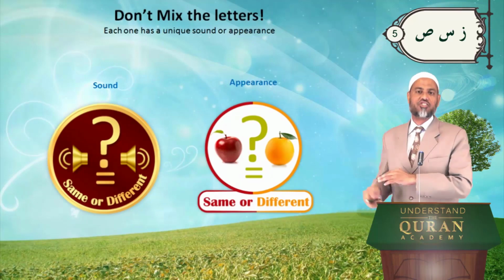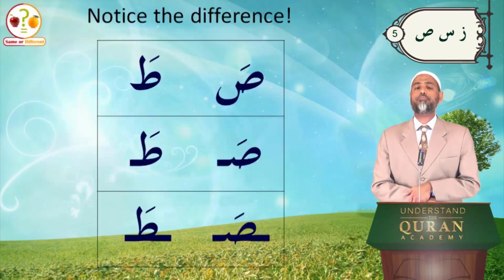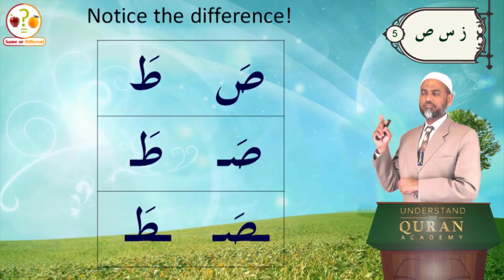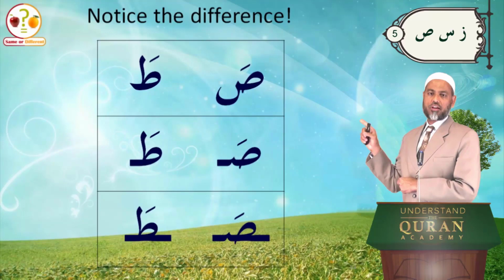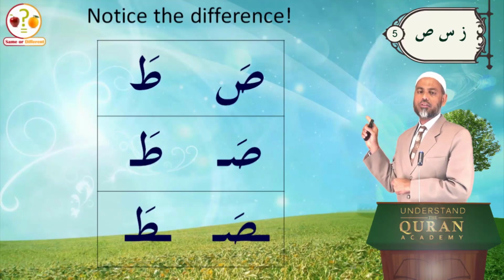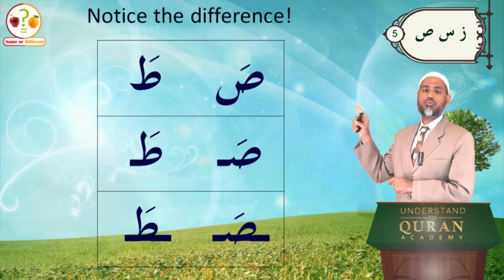Apples and oranges, they are the same or different? You've got to distinguish between the two. Here are two letters which have a thick tongue, but the shape is different. One is Sod and the other is Ta, the stick. Sod, Ta, Sod, Ta.